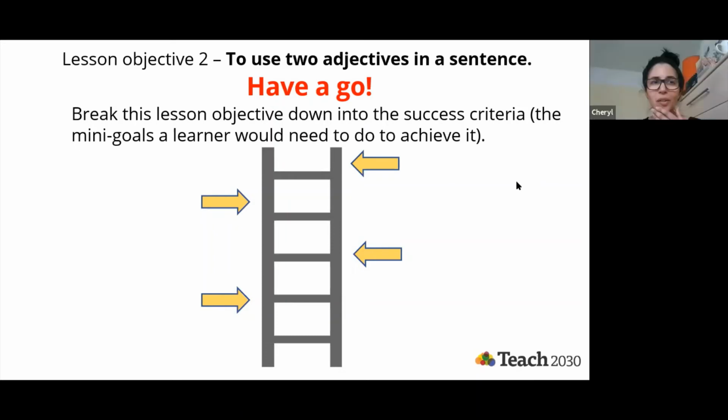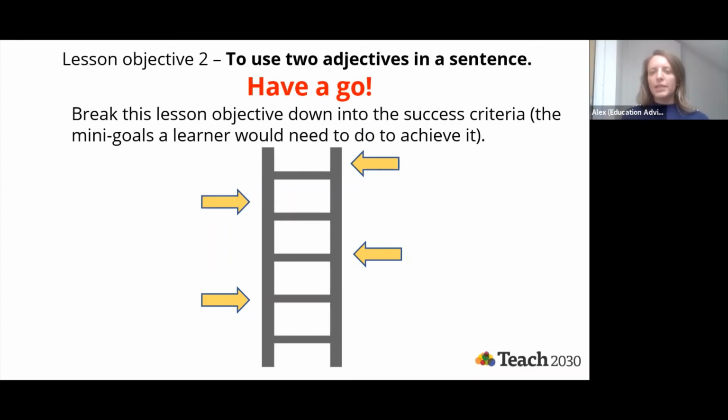So Alex, Tamara has got a question about the difference between learning objectives and success criteria. Okay, perfect. So the lesson objective, to use two adjectives in a sentence, is the skill that I want you to achieve by the end of the lesson. This is what I want you to do.